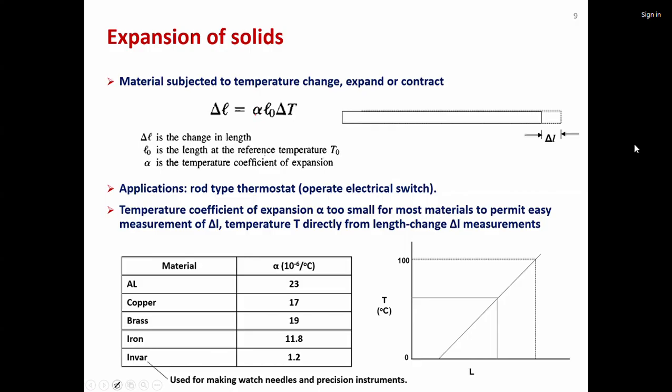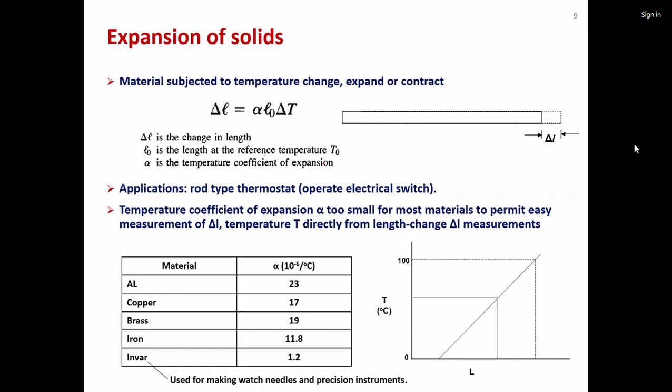Since alpha is small, even if you choose L naught to be several centimeters, since alpha is 10 to the minus 6 and delta T can be something like 10 degrees or 100 degrees, this change in length happens to be very small.